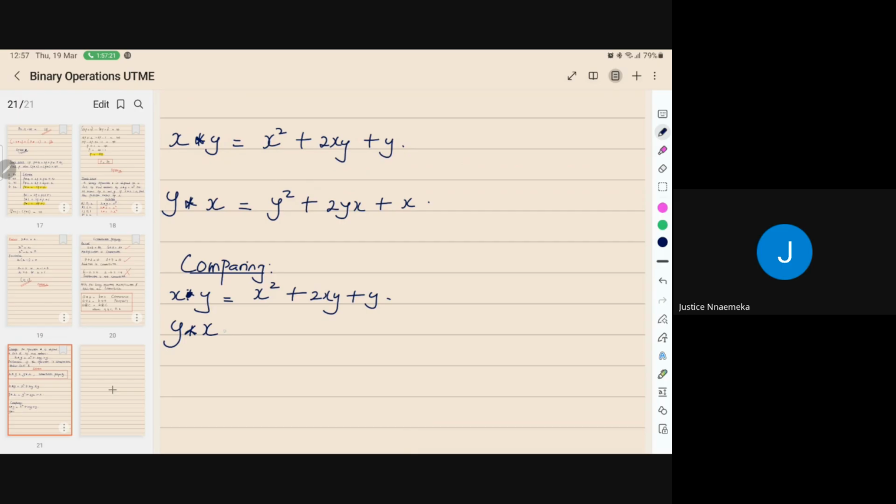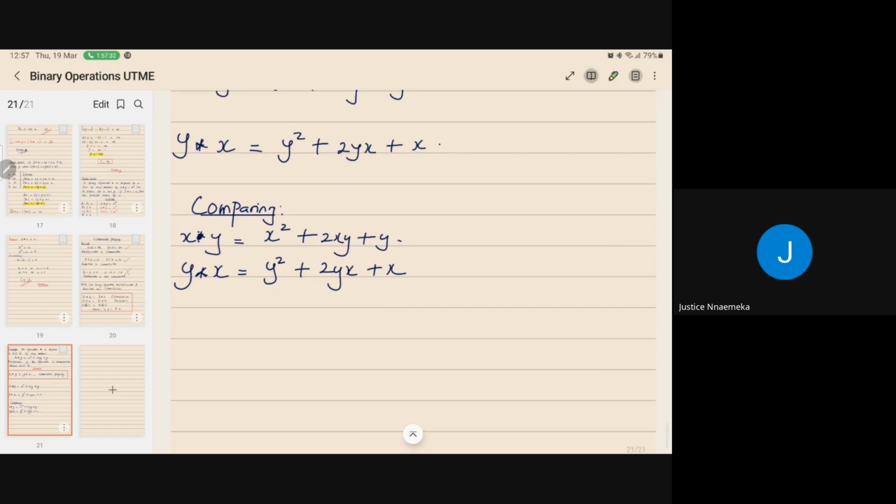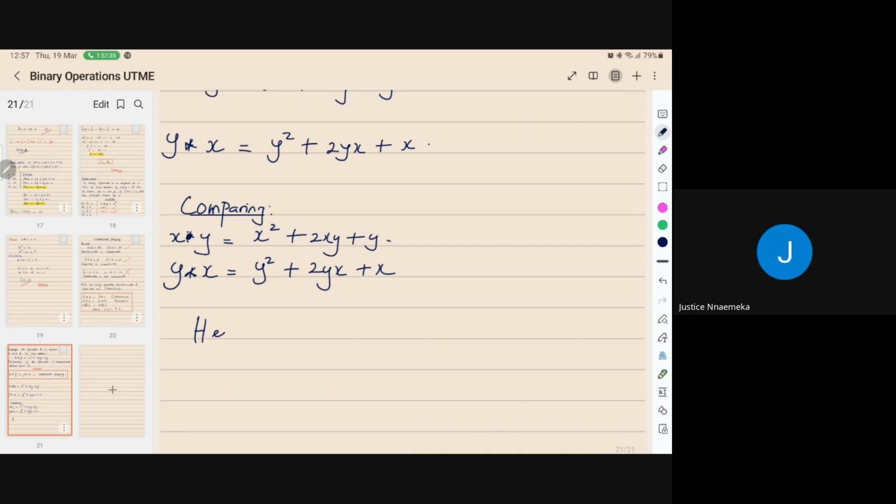Y asterisk x is equal to y squared plus 2yx plus x. Hence, they are not commutative.